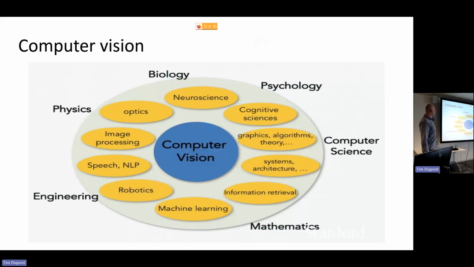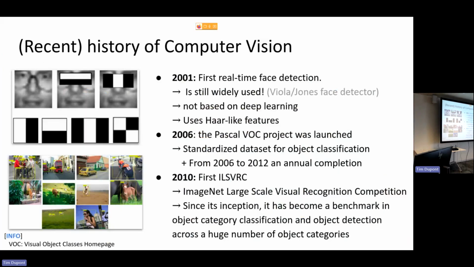Machine learning, of course, robotics here, speech and NLP. There's a brief intermezzo about the large language models that have really gained a lot of power and popularity over the past year, and how you can transition between speech and images, which is also a very interesting field.